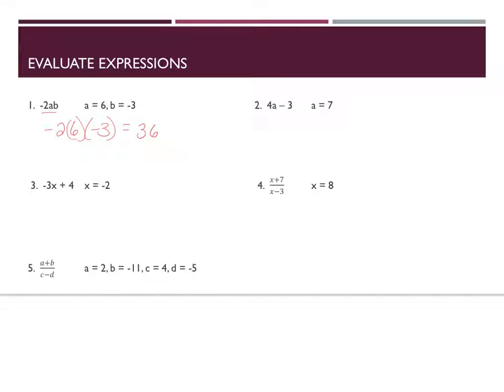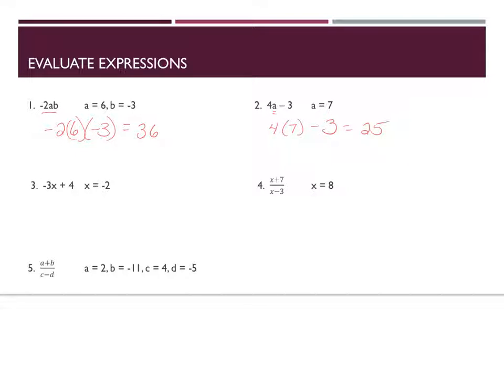On number 2, I'm told that a is 7 and a is supposed to get multiplied times 4. Preserve the operation by putting the variable in parentheses. Type that into the calculator, and this should be 25.